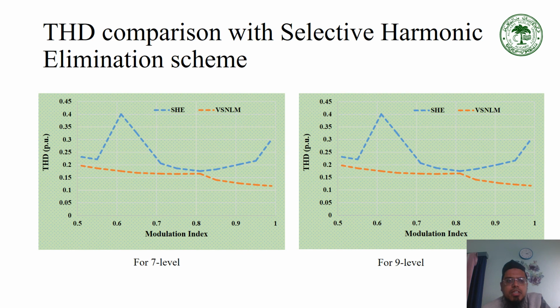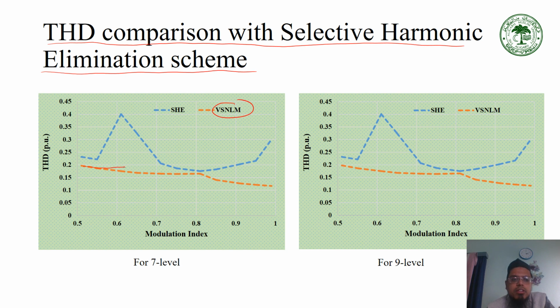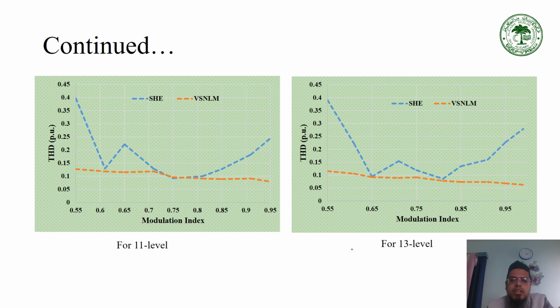The interesting thing is that the THD that we obtained in case of selective harmonic elimination and in case of variable structure nearest level modulation, the variable structure scheme scores better. In case of 7 level, 9 level, 11 level, 13 level, in all the cases.